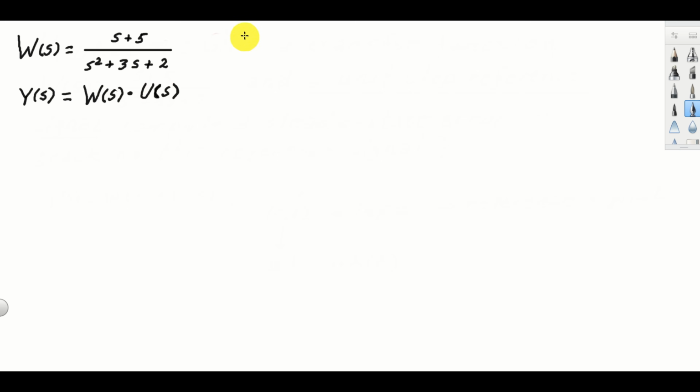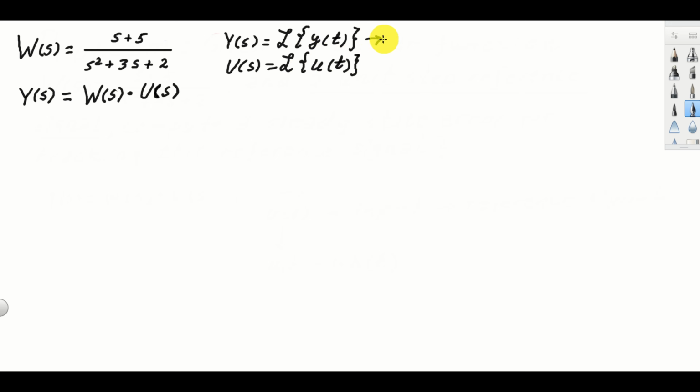Over here, Y of S is the Laplace transform of the time domain output, Y of t. This is how we denote the Laplace transform. Similarly, U of S is the Laplace transform of U of t.